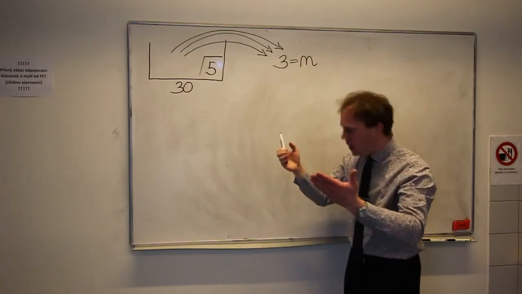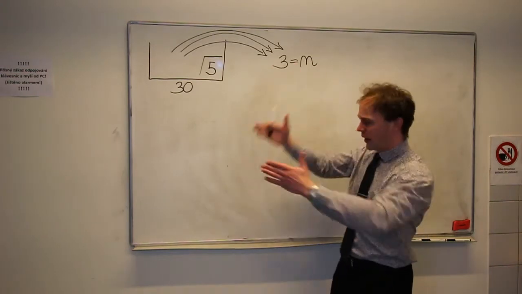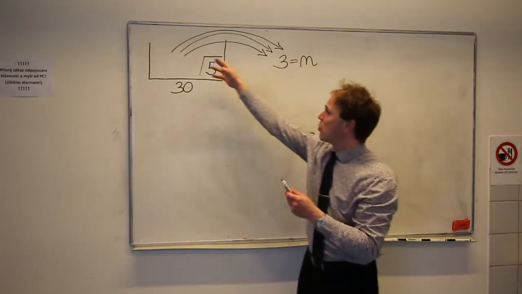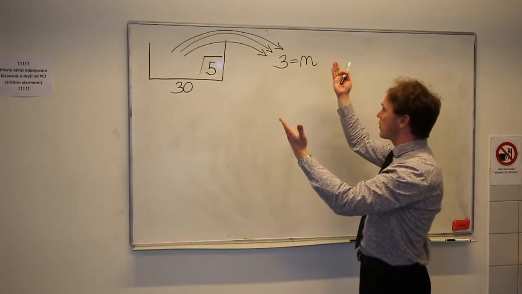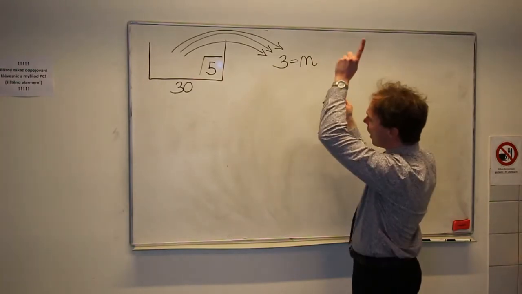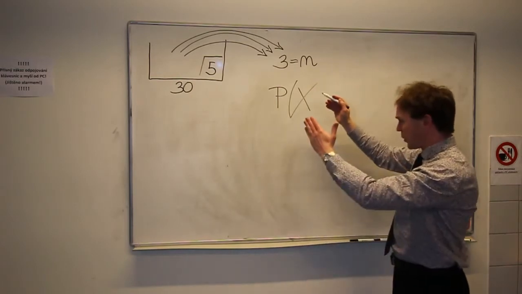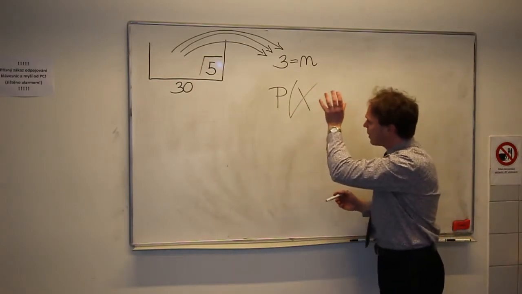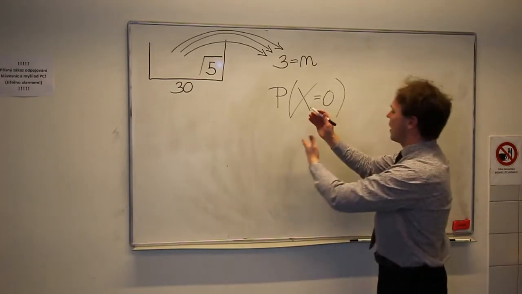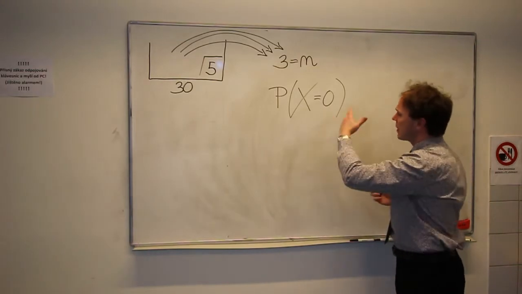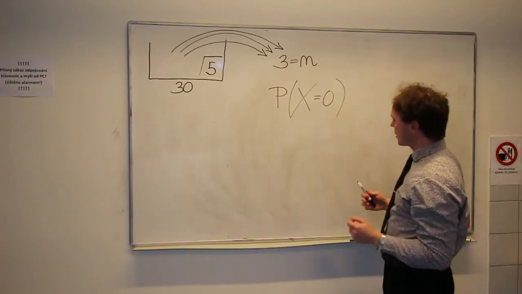I will go to the warehouse, select 3 bulbs from this box, and check these light bulbs. And we would like to calculate the probability that random variable X, which is the number of damaged light bulbs in my selection, will be equal to 0. I would like to calculate the probability that I will select only the light bulbs which were not damaged.